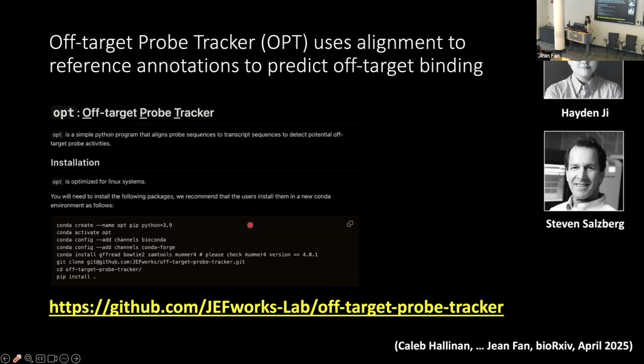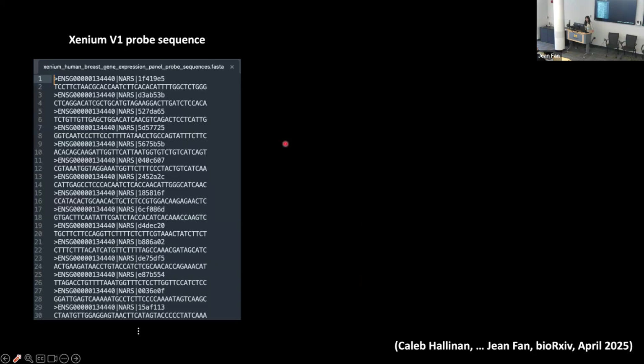So this is where we collaborated with Hayden G. and Steven Salzberg's lab to develop this tool called Off-Target Probe Tracker, which essentially is just an aligner that compares against annotated references to predict off-target binding. How it works is, we can take our probe sequences. In this case, we just took the 10x probe sequences.